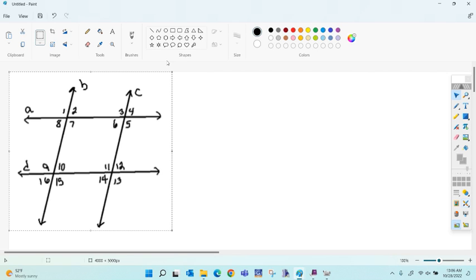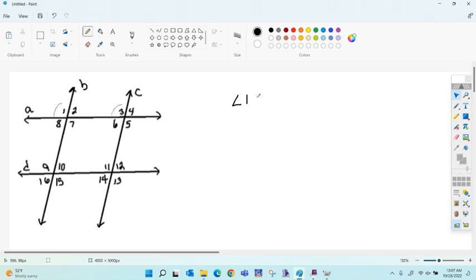So if we look, the first one said angle 1 and angle 3. Here's angle 1 and here's angle 3. So they are along line A, so line A we're thinking of as being the transversal. So what 2 lines are parallel if angle 1 and angle 3 are congruent?